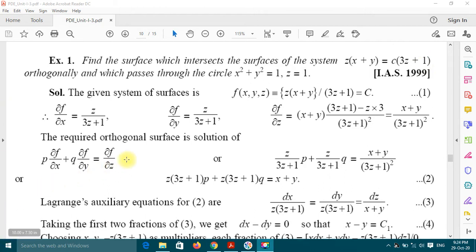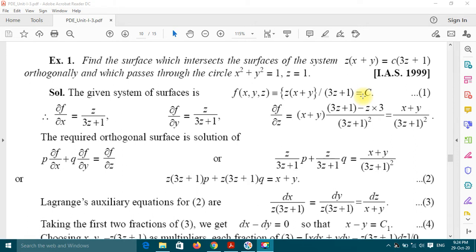Now let us assume that f(x, y, z) = z(x + y)/(3z + 1) = c. Okay, this is our given family of surfaces.